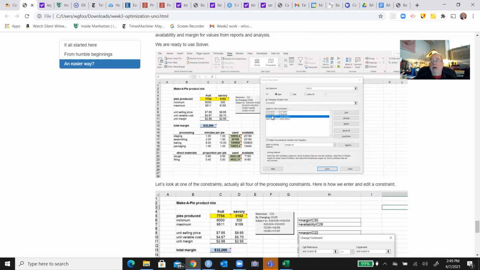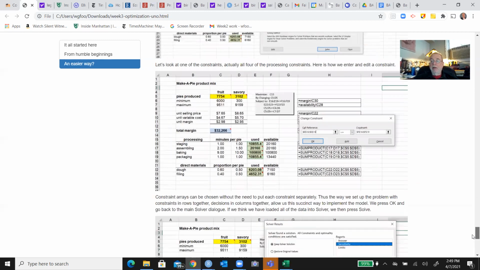And then you go ahead and enter constraints. For example, to enter a constraint down here, we have 3 things you must enter. And notice you can use a range, so you only need 1 entry for all of these processing, less than or equal to all of these availability numbers, which come directly from the availability sheet.